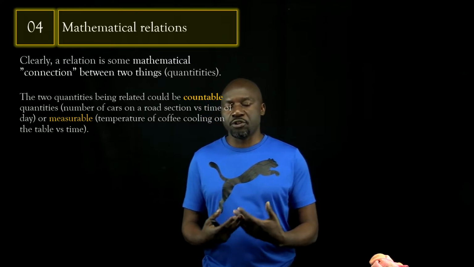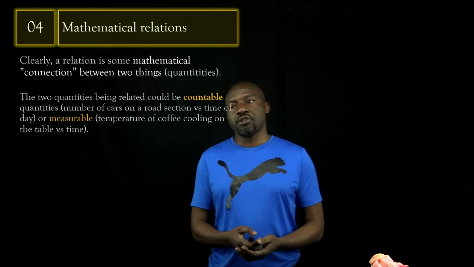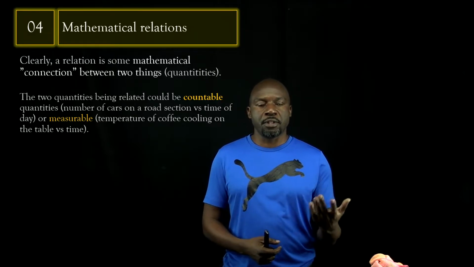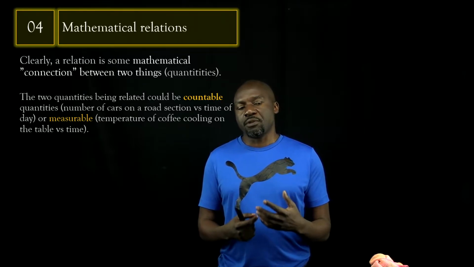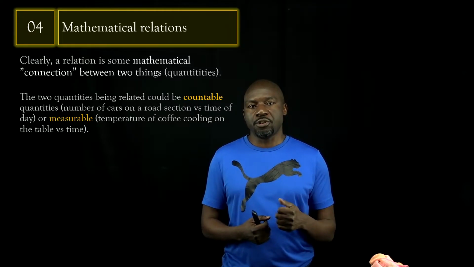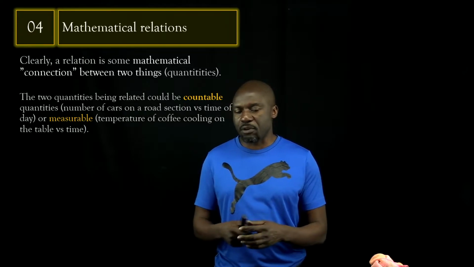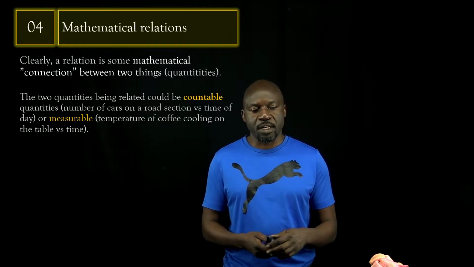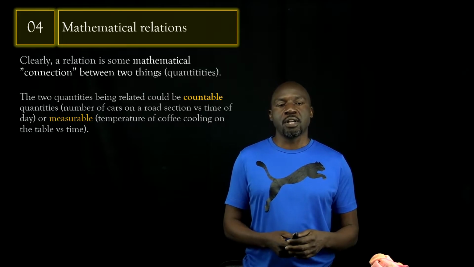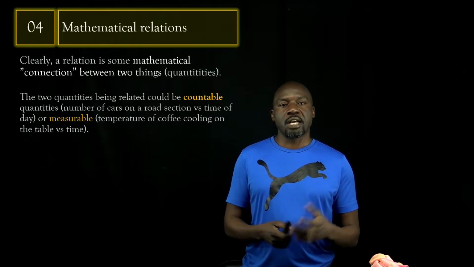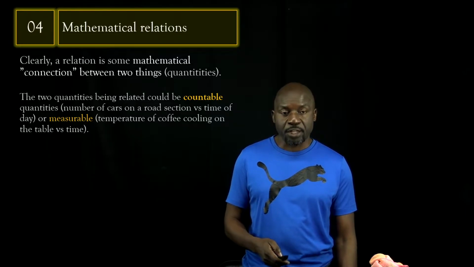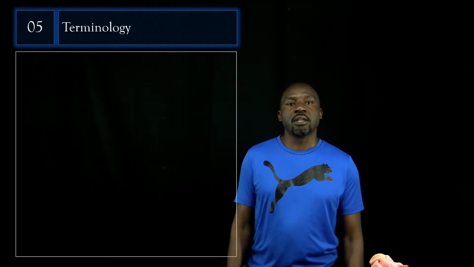How does this height change with age? We can measure the temperature of a cup of coffee as it cools on the table. When you're measuring something, that kind of relation is different from relations where you are counting, such as counting the number of cars passing over a section of a road every hour and so on. So when you're counting, what kind of a relation is that? And when you're measuring, what kind of a relation is that? We will talk about that shortly.